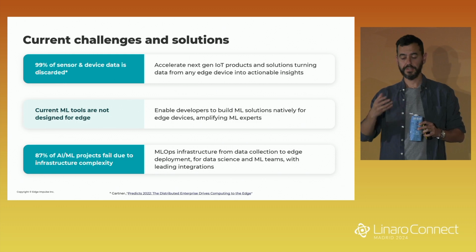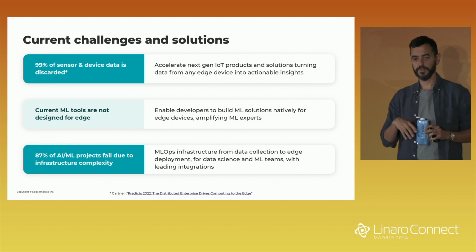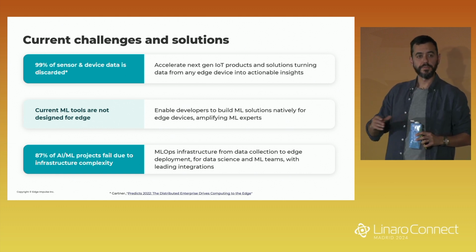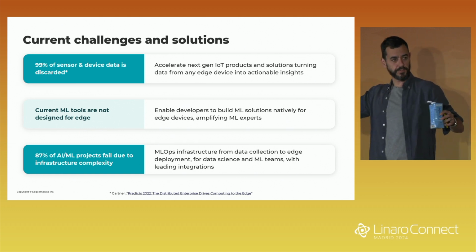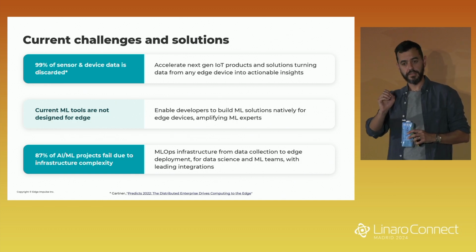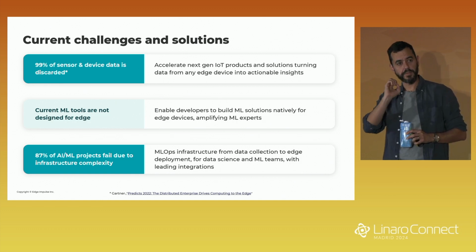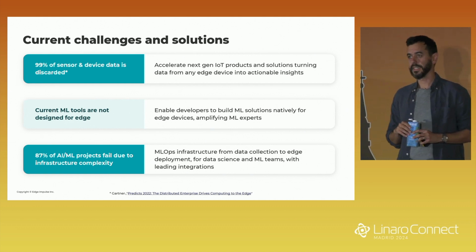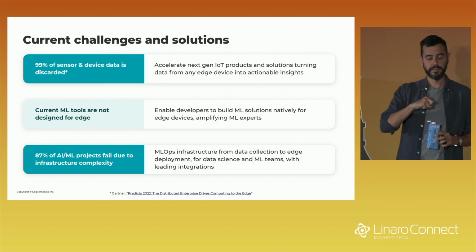You cannot operate on it. You cannot compute on device. You haven't been able to up until now. So all this super valuable data, from not one sensor but multi-sensor, sensor fusion devices and so on, is discarded just to get a small sample window of sensor data that you operate with.